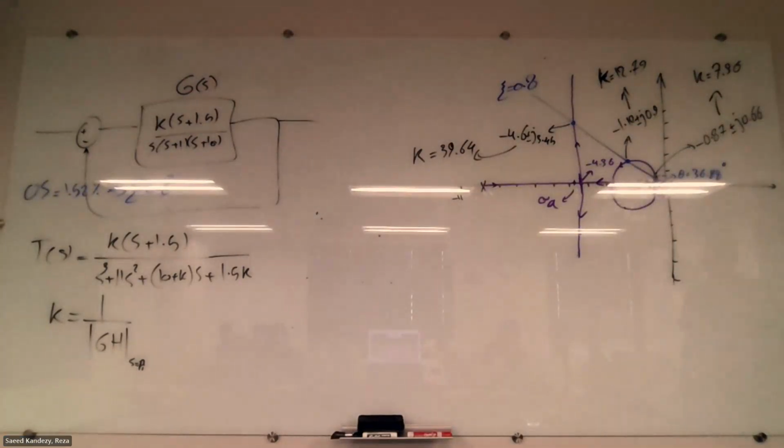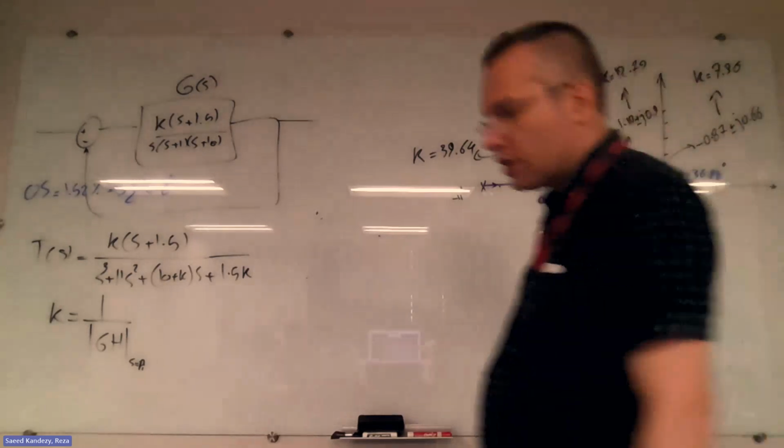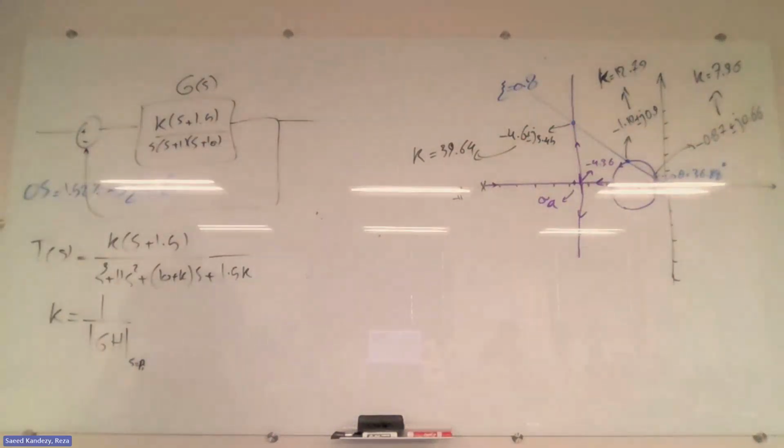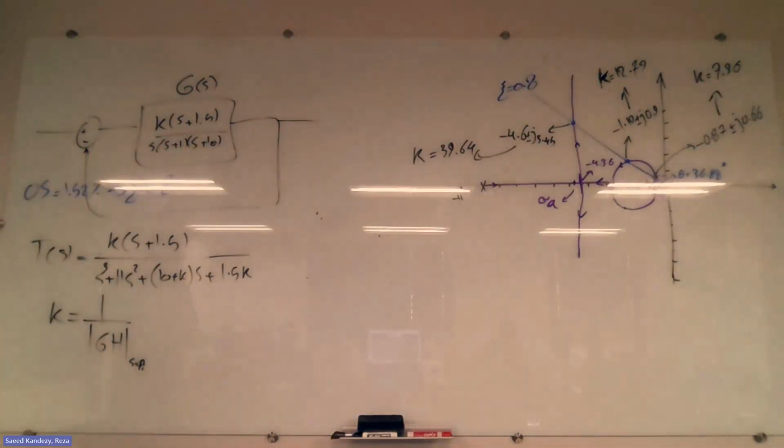Now we know we have three choices to specifically design our third order system, the feedback that we have, in order to meet our condition. Is that clear? Now, which one is going to be the best one?